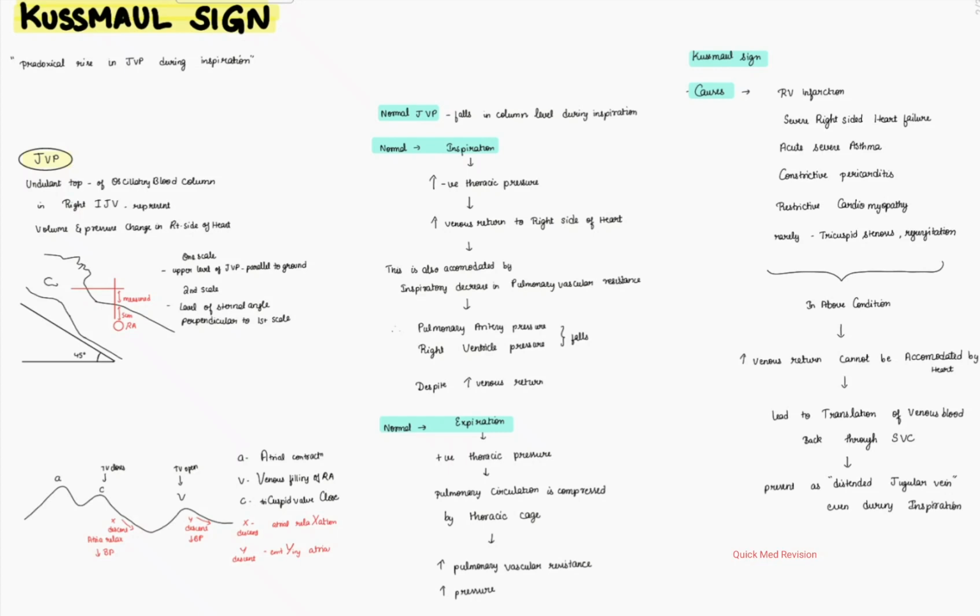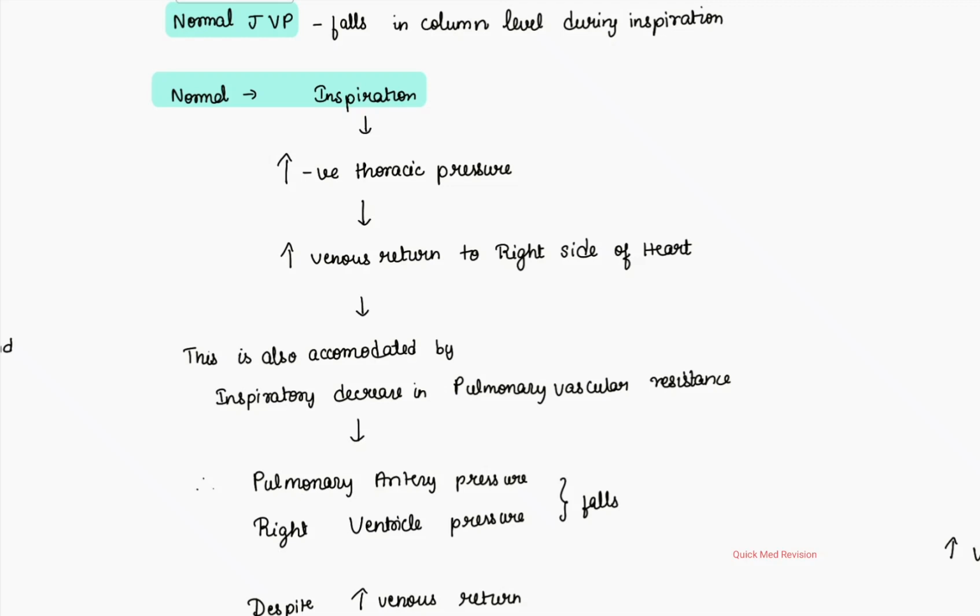Now let's look at why we get Kussmaul sign. In a normal individual, the JVP column level falls during inspiration. When a person inspires, remember it as an increase in negative intrathoracic pressure.